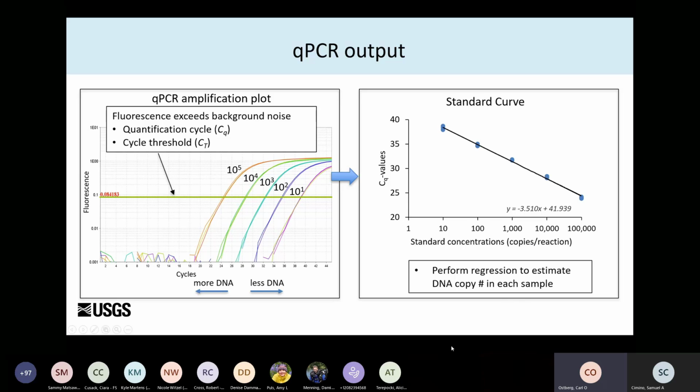So we've got 2 ways to interpret qPCR results: the detection and non-detection of a target species in a sample, based on whether the fluorescence crosses a fluorescence threshold, and then we can quantify the target DNA in a sample based on the standard curve.